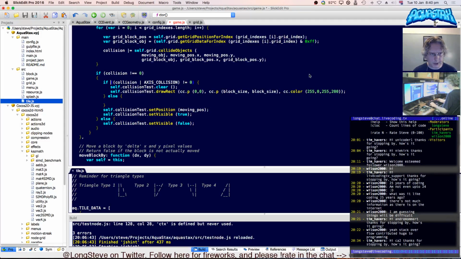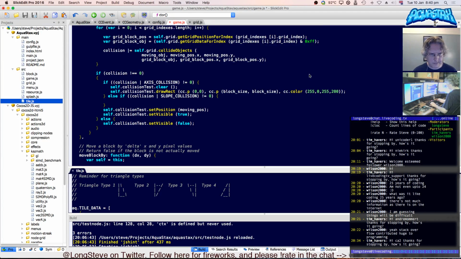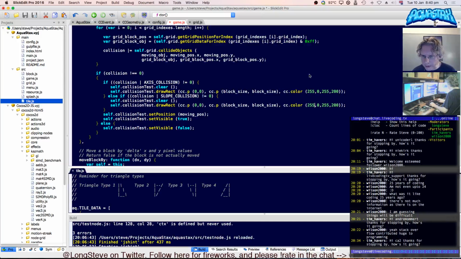And we want slope collision. We'll have it blue. Actually, no, let's have it green.